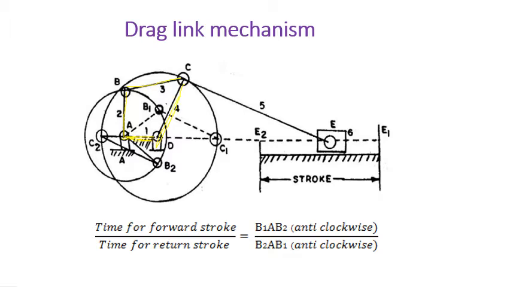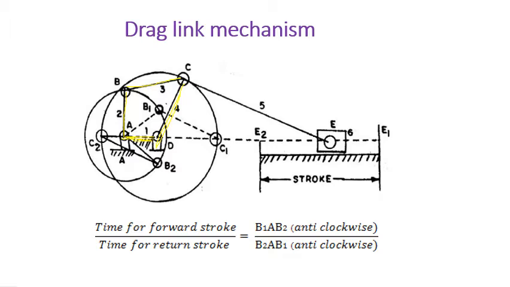This is output link number 5 and link number 6, the RAM. This is a bar which connects the point C and the RAM.